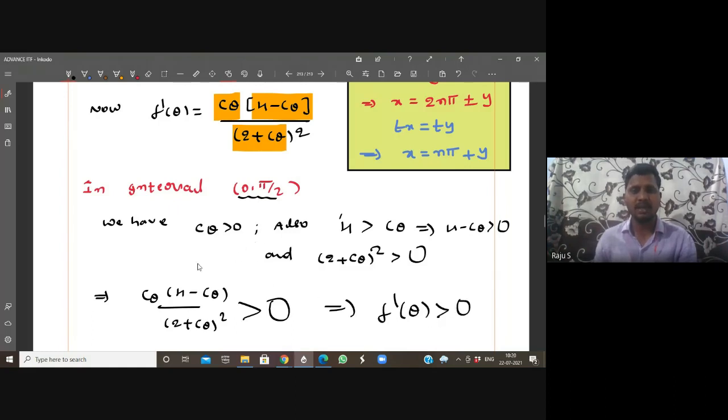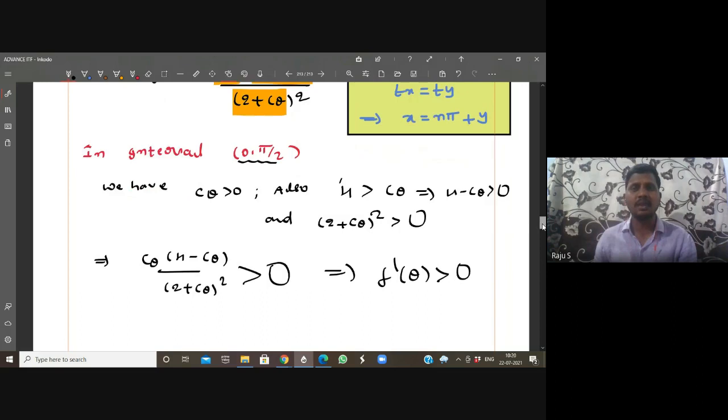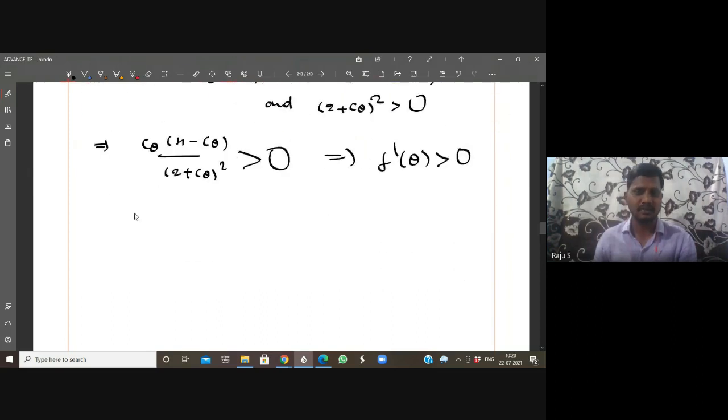This is nothing but f dash of theta, greater than 0. So the given derivative is greater than 0, which implies what can we conclude?